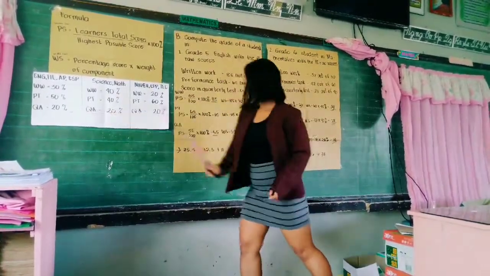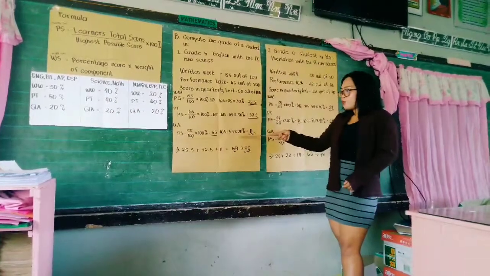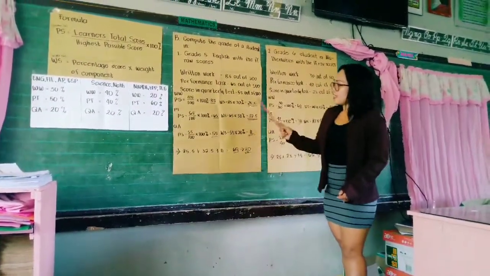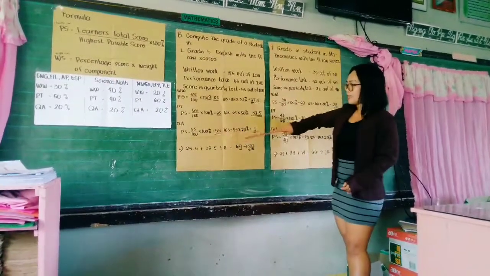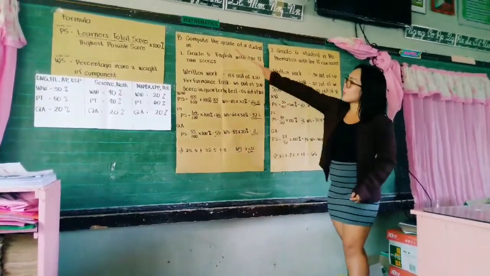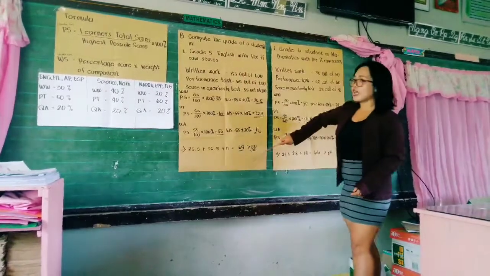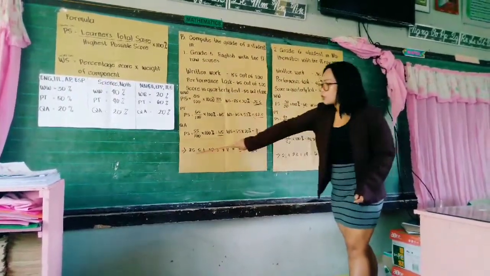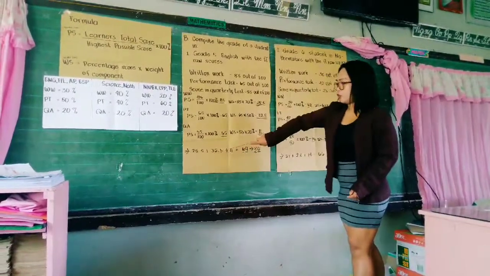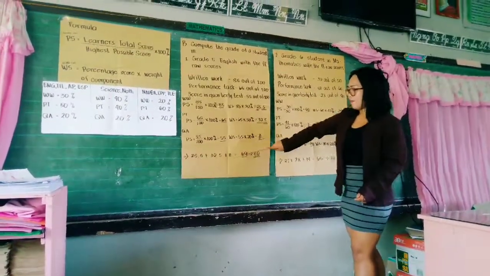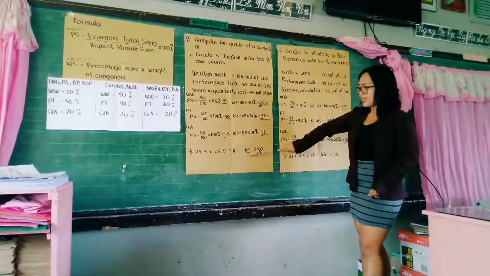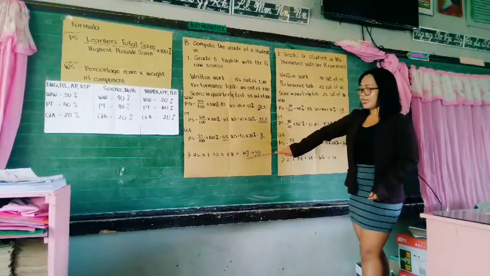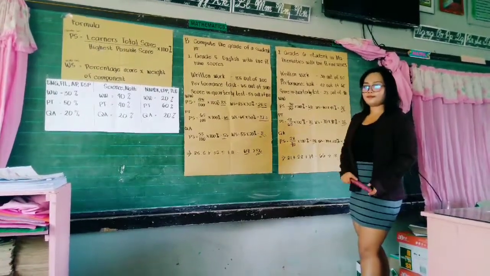So, 55 times 20% equals 11. So, they got 11 in quarterly assessment. To get the grade of a student, we should add the totals here. So, 25.5 plus 32.5 plus 11 equals 69. Then, the transmuted grade of 69 is 80.